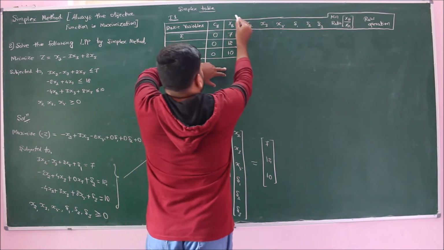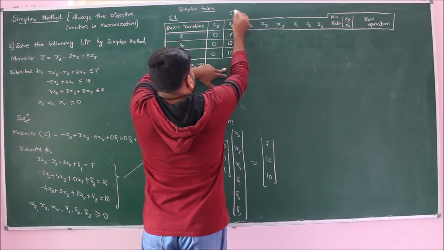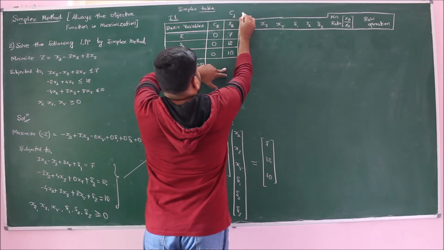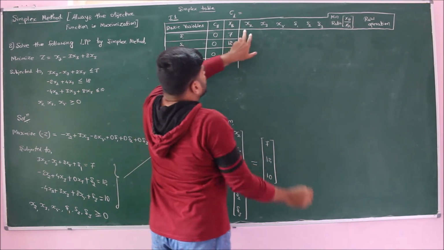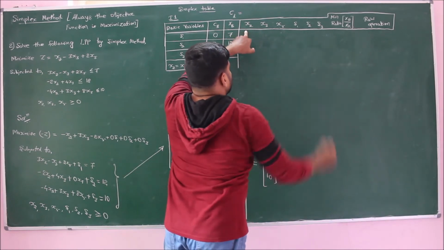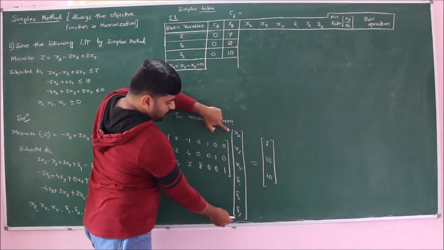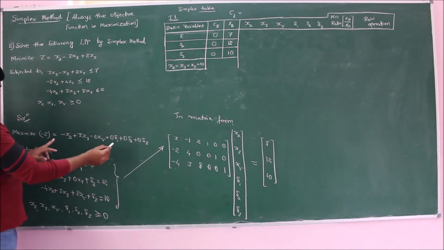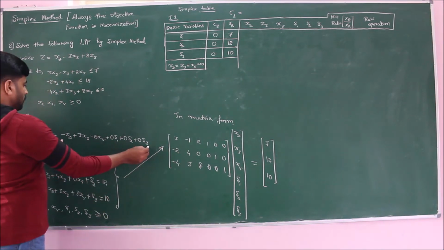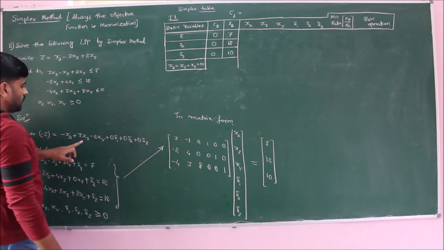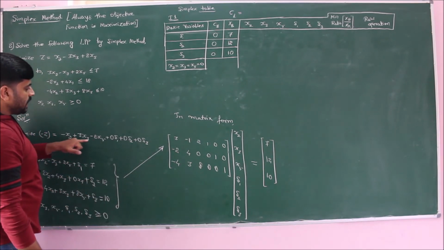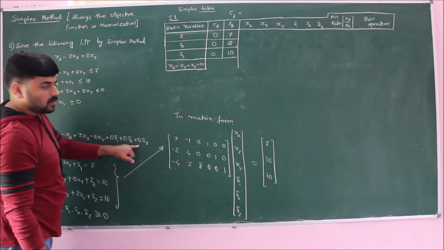Now I should write C i above xp, thereby representing the coefficients of the variables from x2 to s3 in our objective function. So in our objective function maximization, we have the coefficients of x2, x3, x5, s1, s2, s3 as minus 1, 3, minus 2, 0, 0, 0.